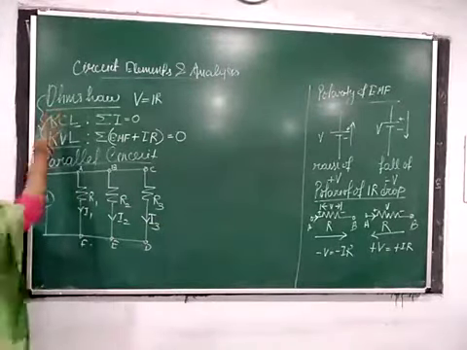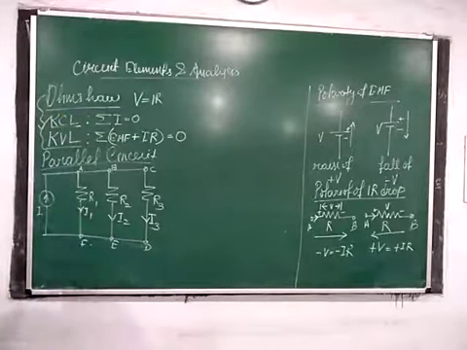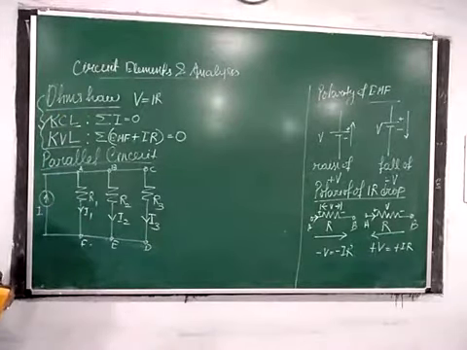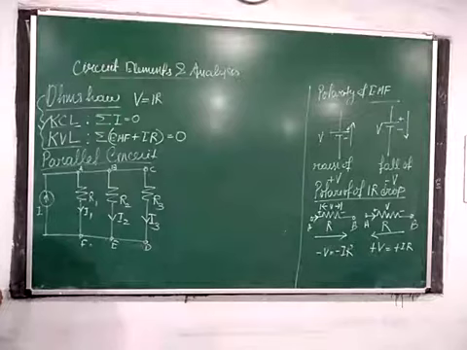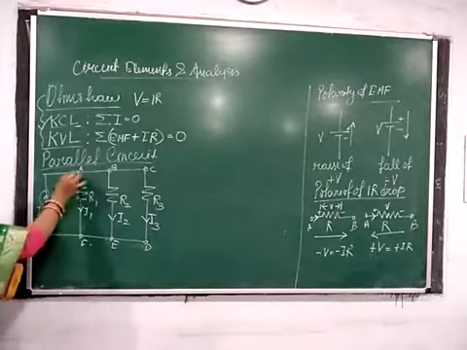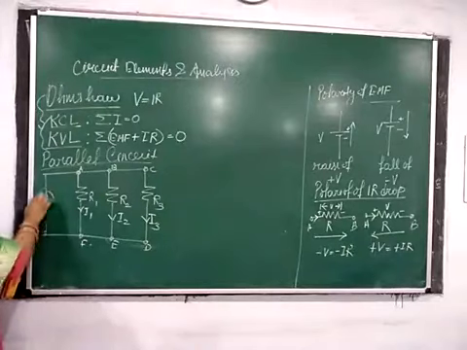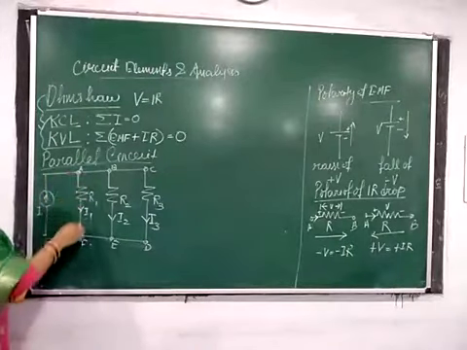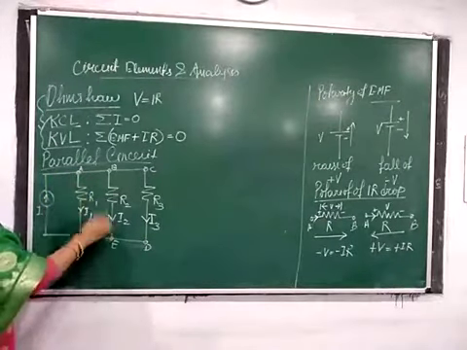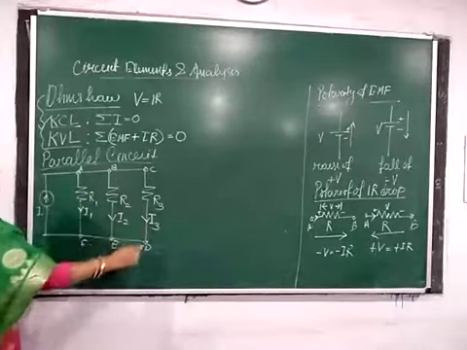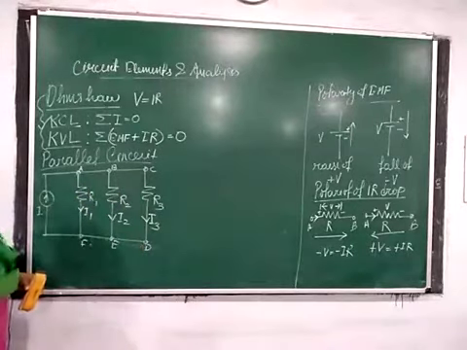According to Kirchhoff's current law, the algebraic sum of currents meeting at a point is equal to 0. At point A, I current is entering, and I1, I2 and I3 are the leaving currents.